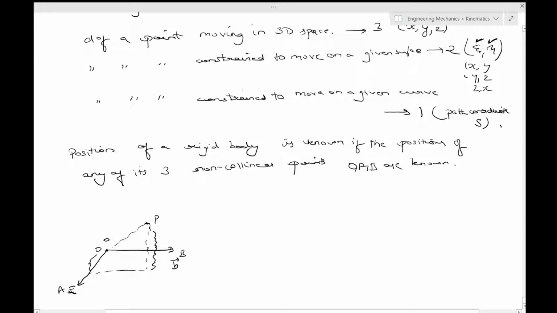You can also have this vector over here, it will be called A cross B. This is something which you already know. So you have A equal to OA, B equal to OB, and A cross B determine the coordinate system attached to the body.